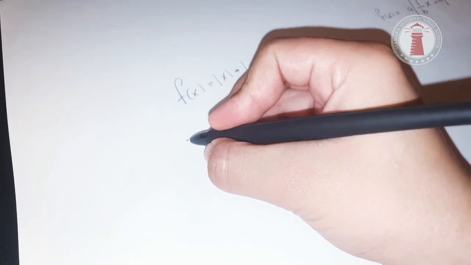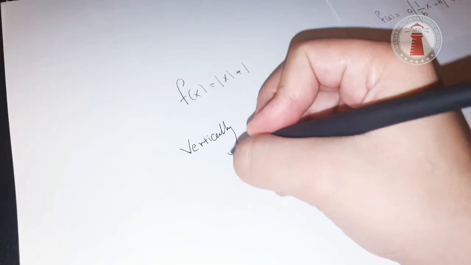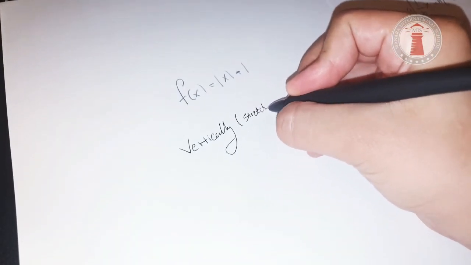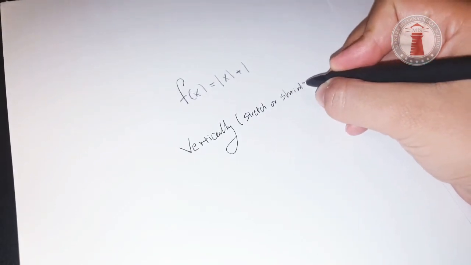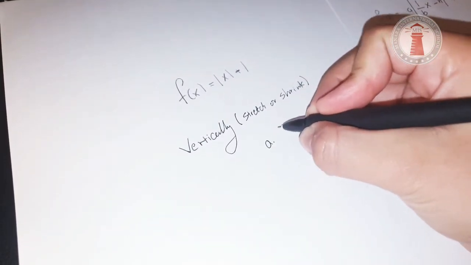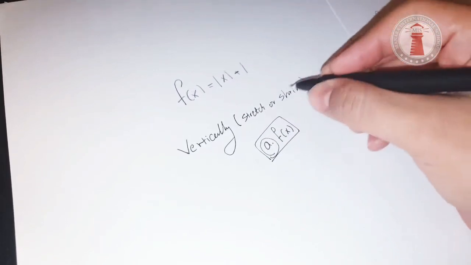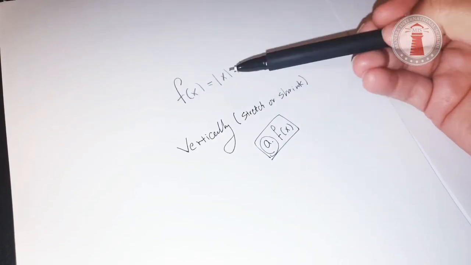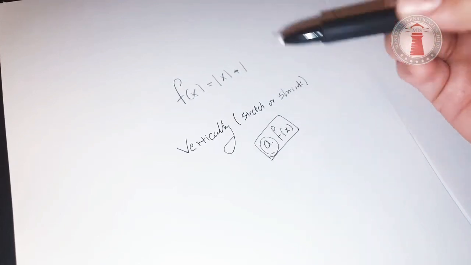So if it was vertically both stretch or shrink, that means the value a is multiplied by the whole function f of x. Okay, a is multiplied by all the function, the absolute value and any number that is next to it. So it is multiplied by the number that makes it shift up, down, or right and left too.